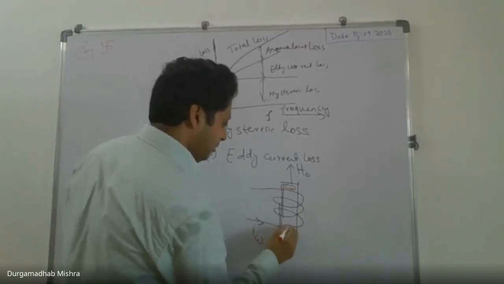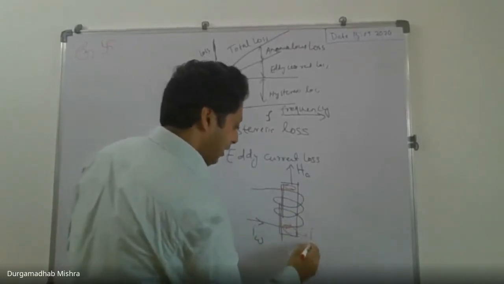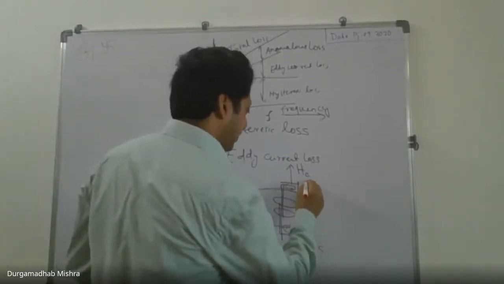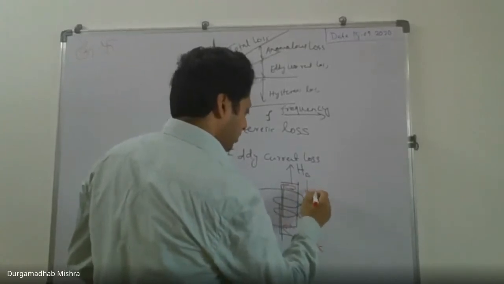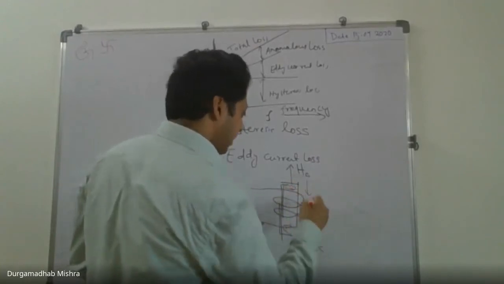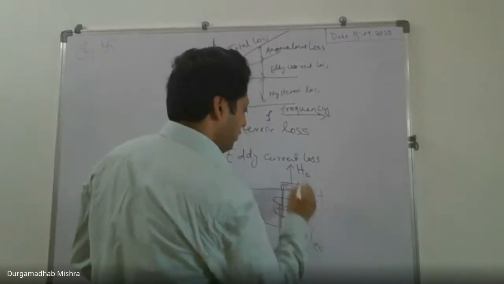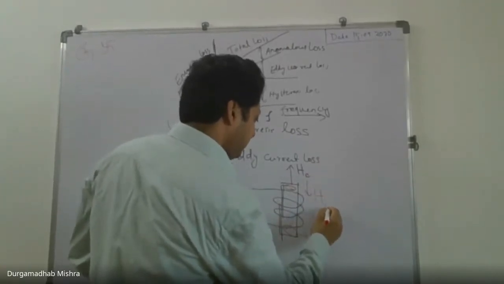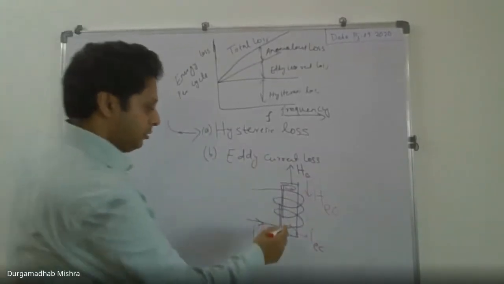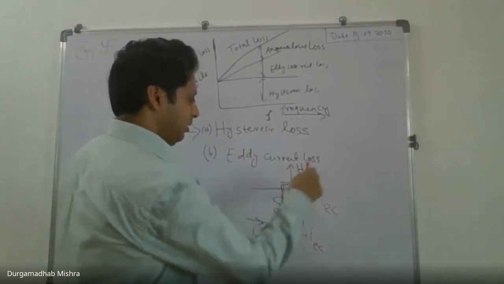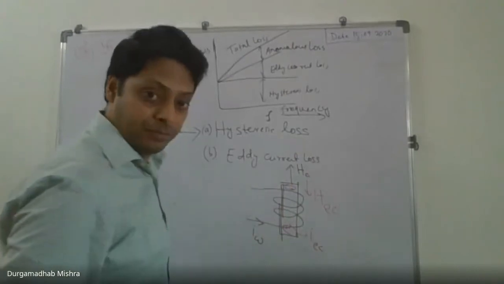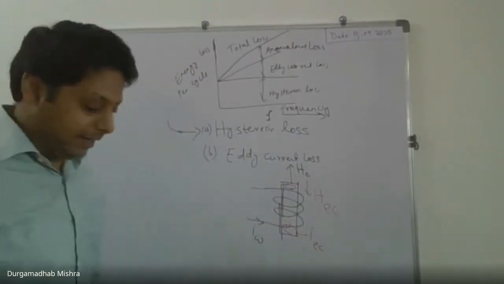This current we call IEC, the eddy current. This induced EMF will produce an eddy current and a field which will oppose the applied field. This is just from Lenz's law. When you increase the current, it will produce a field which will oppose this HA.